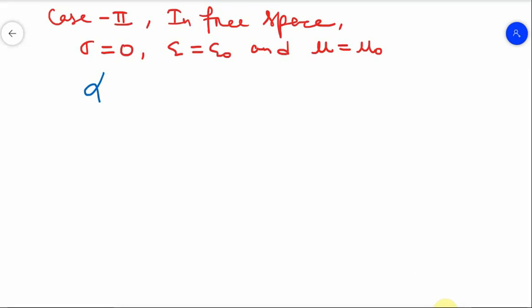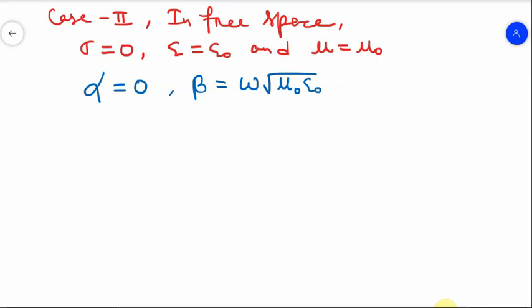The alpha will be simply 0 because sigma is 0, and beta will be equal to omega root over mu 0 epsilon 0.